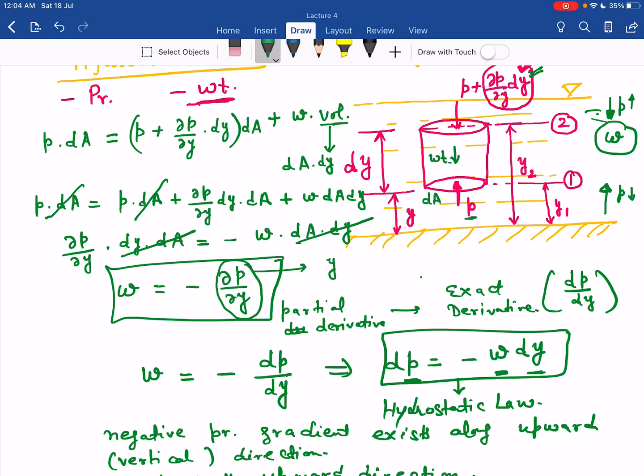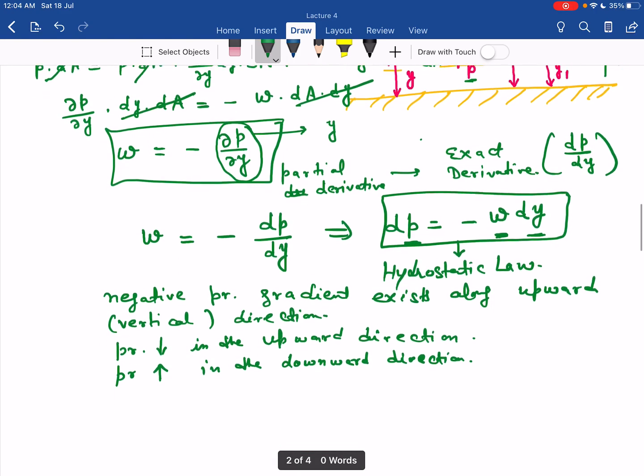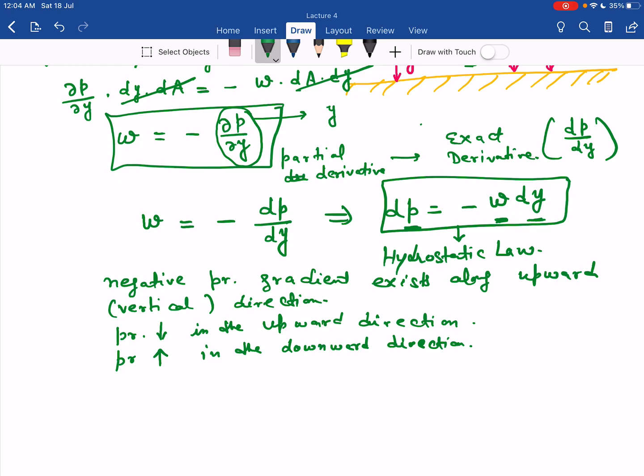Now further, if dy is 0, the meaning is that our fluid element is like a surface. So from this equation, dP is equal to 0.